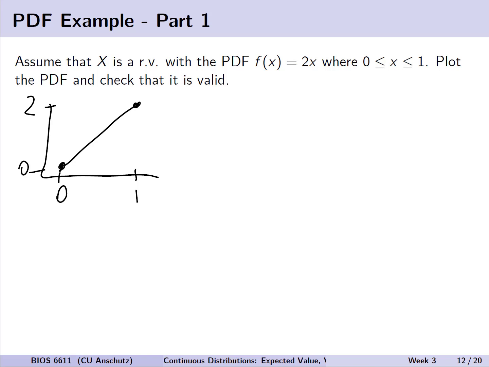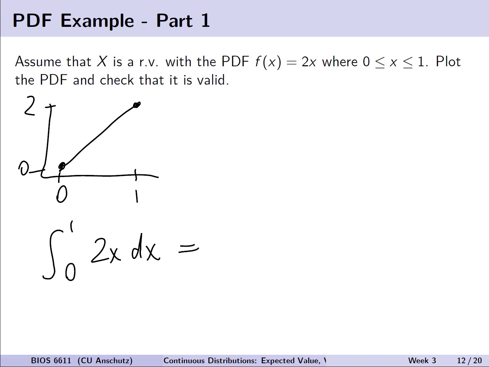Now, the next step, besides plotting the PDF, is to check that it's a valid PDF. In other words, we see if the area under the curve sums up to 1. We can do that here with our calculus: over the full range of the sample space, 0 up to 1, the integral of 2x dx.